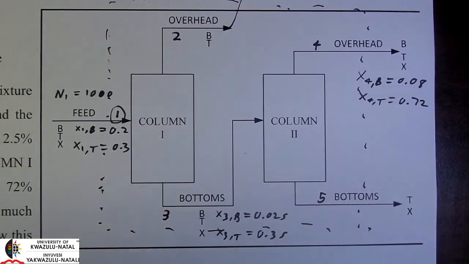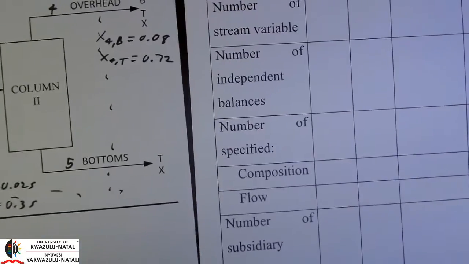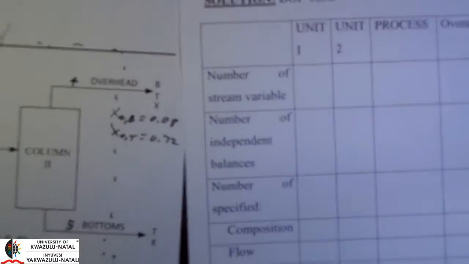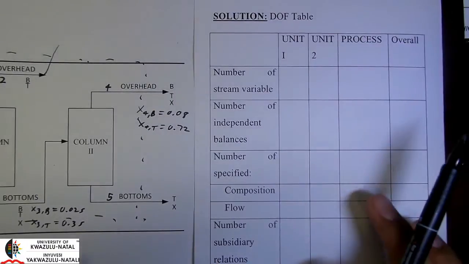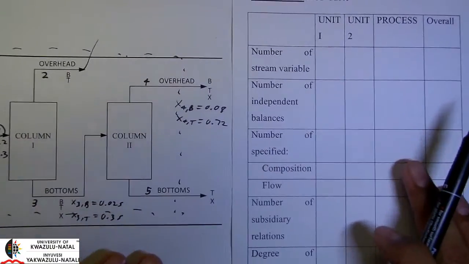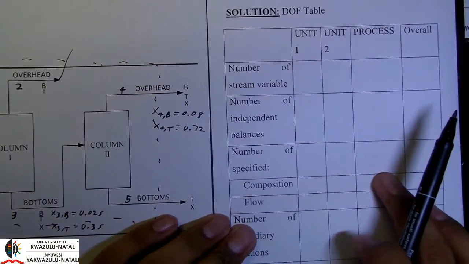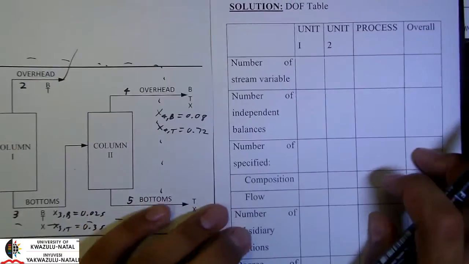So let's look at our degree of freedom analysis for this process. Okay, so as previously discussed, we could write potentially 4 types of balances.